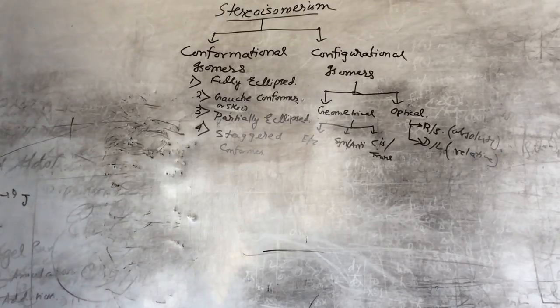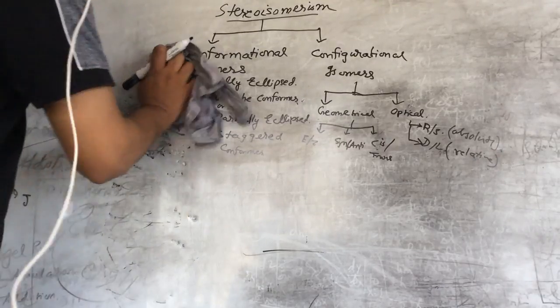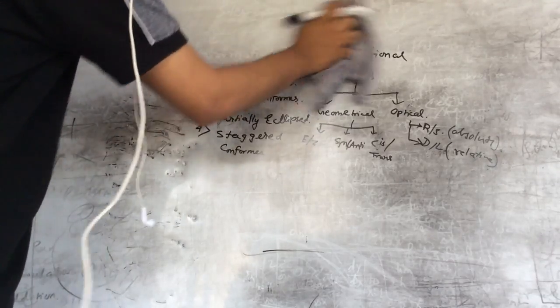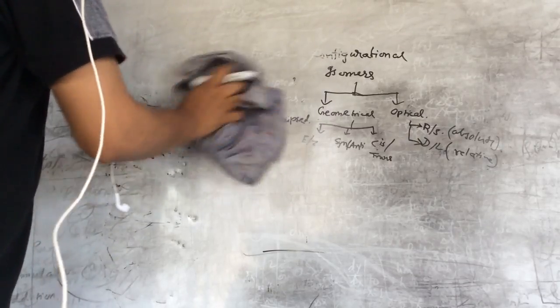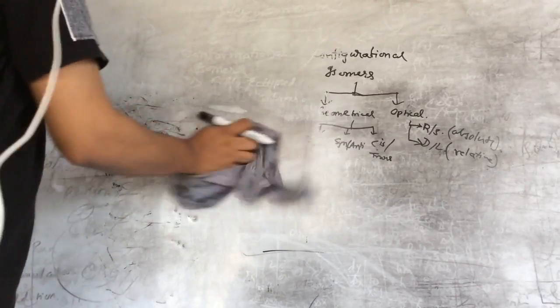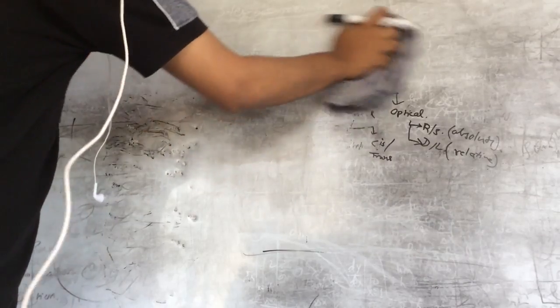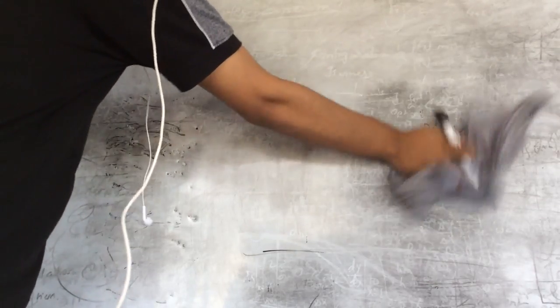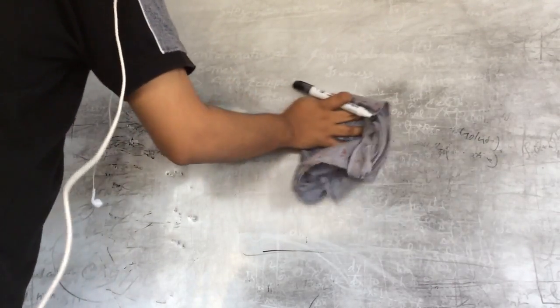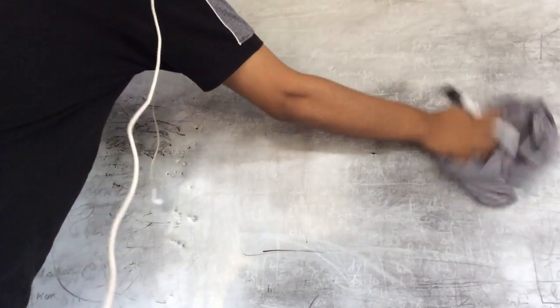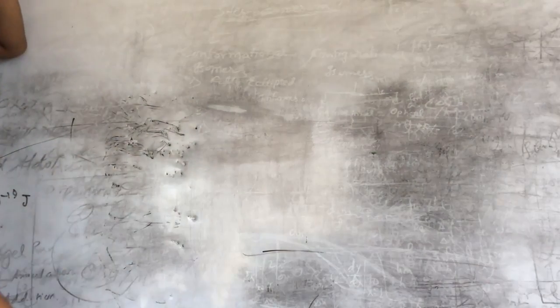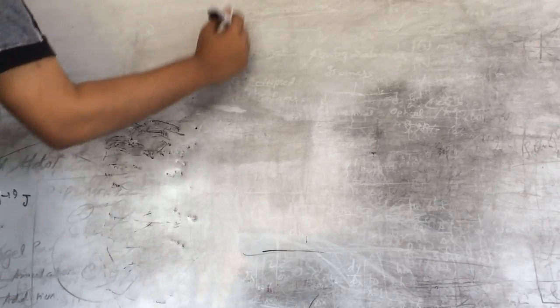So before going into the conformational isomers or configurational isomers, we have to learn some types of projections used in organic chemistry. We have already seen line angle projection, LAP. Now we will discuss some more projections to represent molecules. So projections.